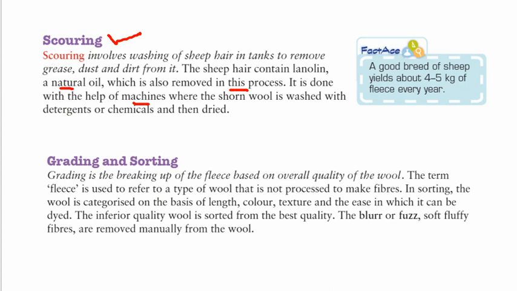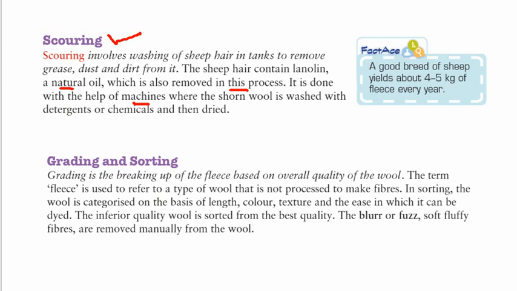The first thing, shearing, is a manual process, and we have to cut the hair with the help of a razor blade. Clear? And scouring is not a manual process. Manual means we have to do it with our hand, by a human being, and scouring is not done manually.